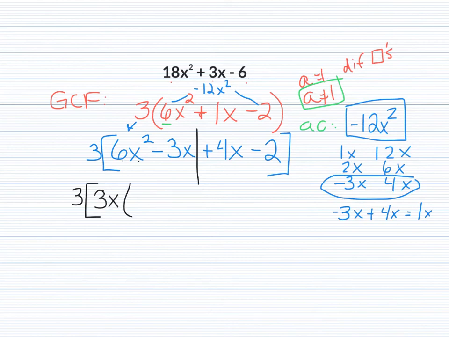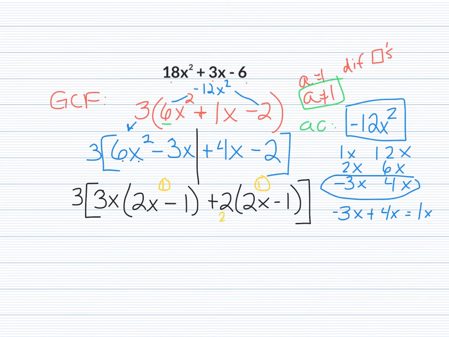When I divide by 3x, I'm left with 2x minus, well, I took the whole 3x out, that means I'm just left with 1. I need to get 2x minus 1. So what would I need to divide by? The sign doesn't change, so just a positive 2. Factor 1, factor 2. And don't forget the GCF. So 3 times factor 1, 2x minus 1, times factor 2, 3x plus 2.